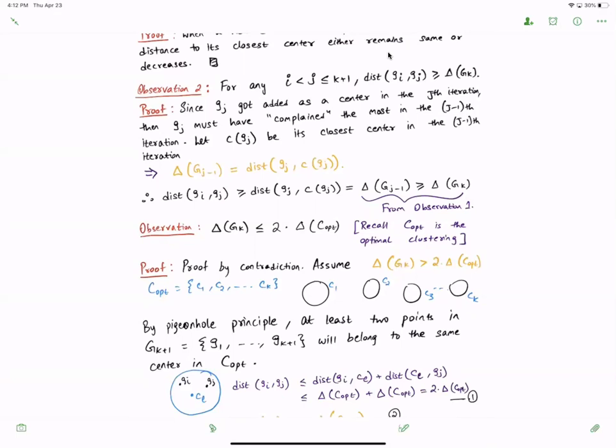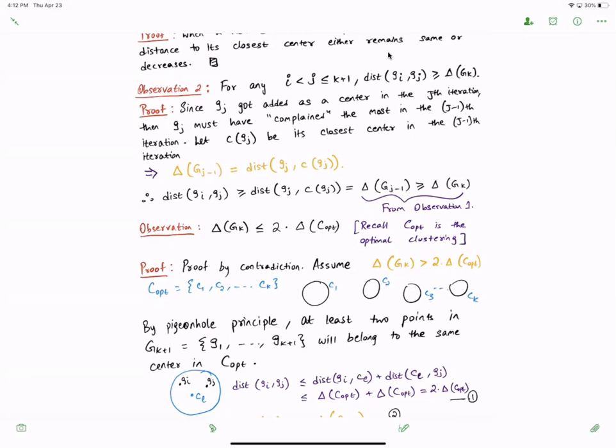If that's the case, then what's the distance between Gi and Gj? Because we are in Euclidean space, we can use the triangle inequality. I want to connect this to the distance of these points to CL. So by the simple triangle inequality, the distance between Gi and Gj is at most the distance between Gi and CL plus the distance of CL to Gj.